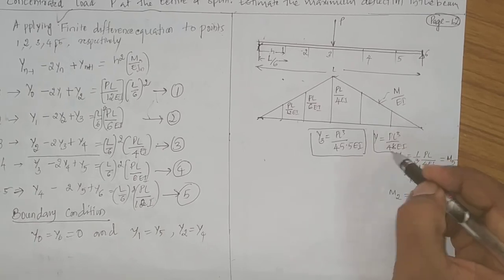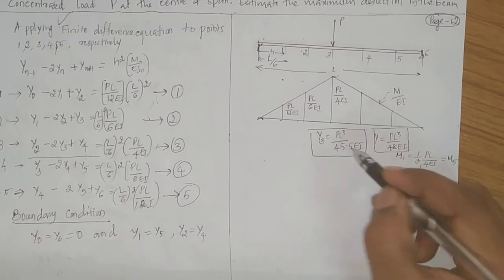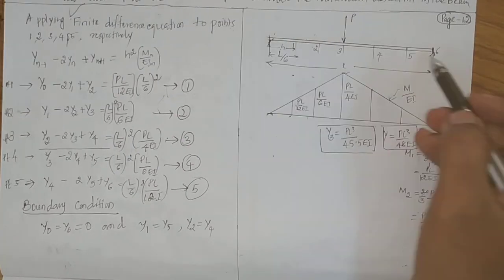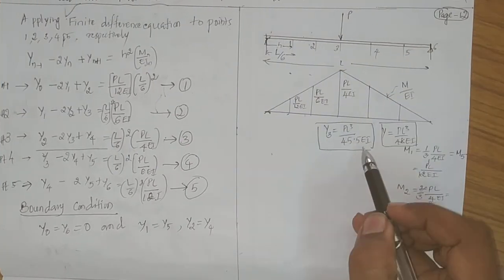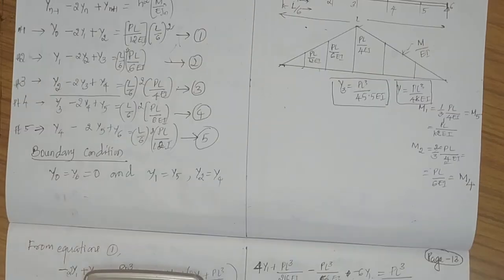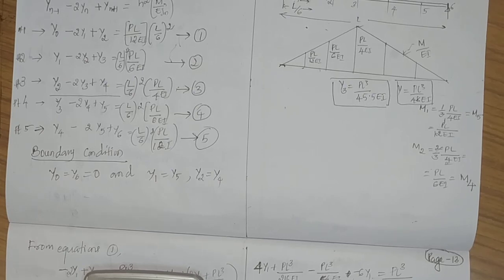So there is a very little difference over here. Since we have considered 6 parts, we could get 45.5EI, but you can check the textbook value, where the deflection comes to 43 point something. So we were not that accurate. If you wanted to be accurate, you need to consider more divisions.